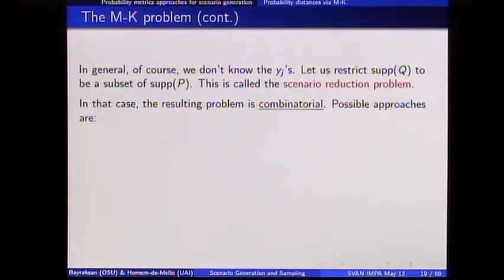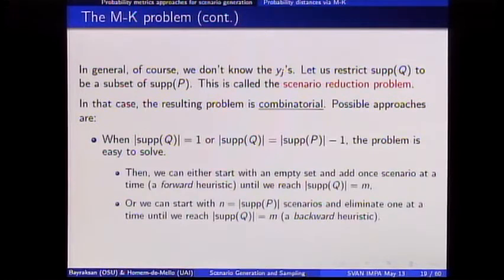It still is a difficult combinatorial problem. The fact that it's combinatorial doesn't mean that it's trivial. On the contrary, it's still a hard combinatorial problem. This is called, by the way, a facility location problem. But there are some cases that are easy to solve.